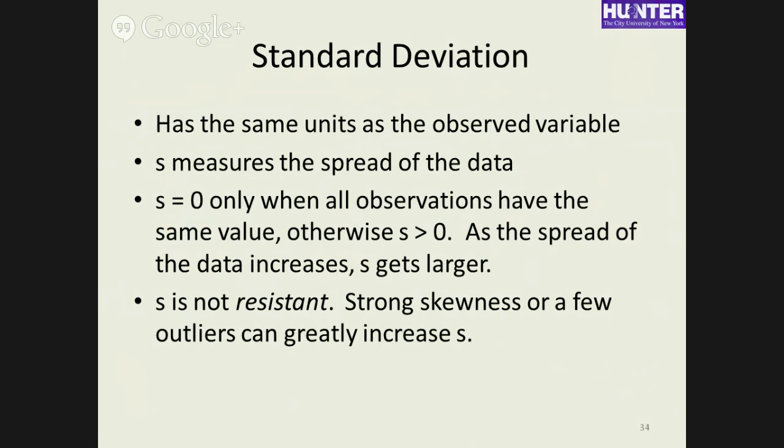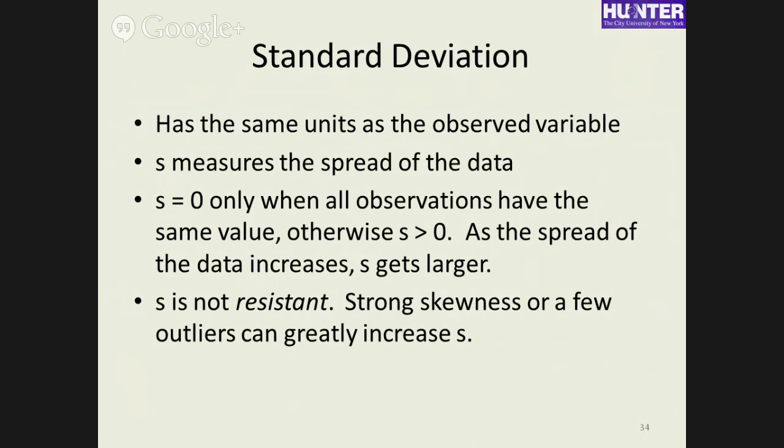It's 0 only when every observation is identical. Otherwise, it's always positive. It's never negative, because we're taking squares and squares are always positive. And the more spread, such as due to skew or due to outliers, the larger the standard deviation becomes. Or just due to there being more of a distribution of the data.